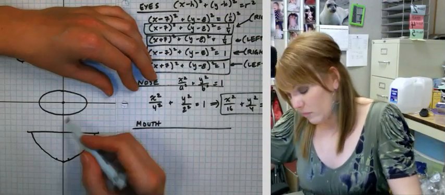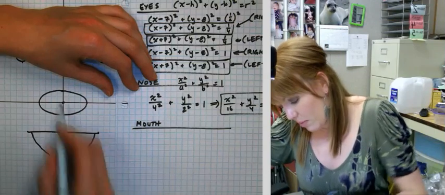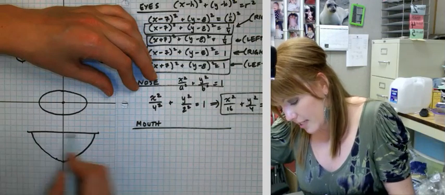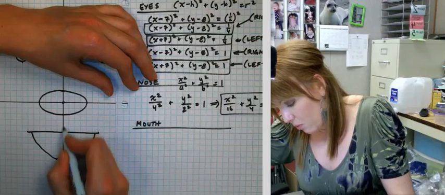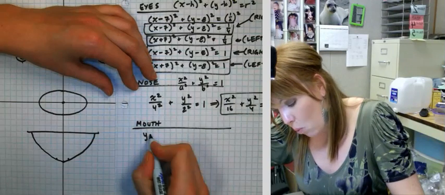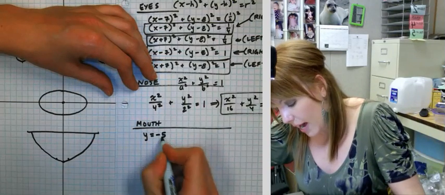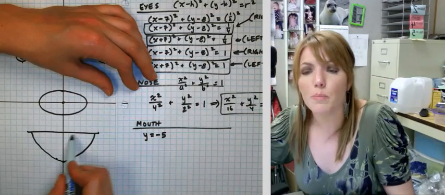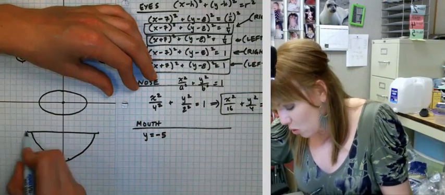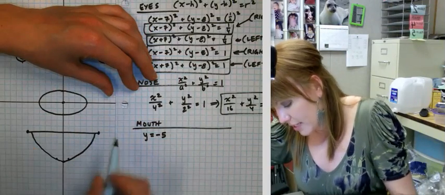So this is cutting through the y-axis at 1, 2, 3, 4, 5. So we have the line y equals -5. That represents this horizontal piece. But the thing is, it's only going from this point to this point.